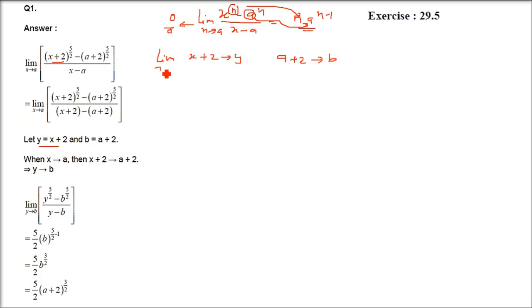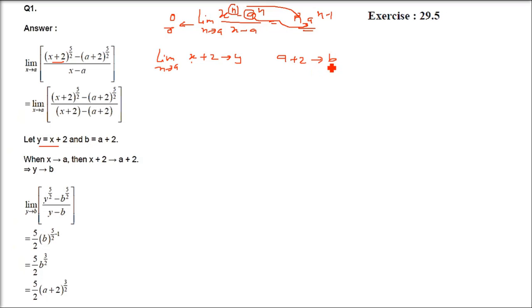Now the limit is x tends to a. When x tends to a, y tends to what? A plus 2. That is, if I put x equals a here, y, which is x plus 2, will be a plus 2.